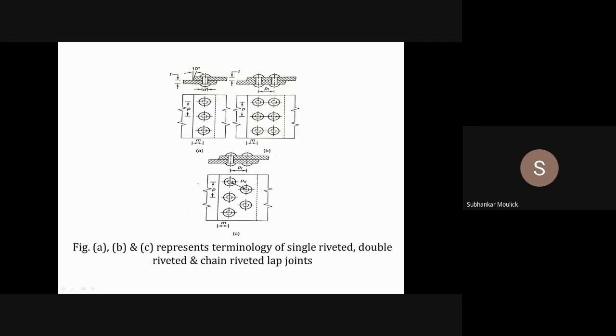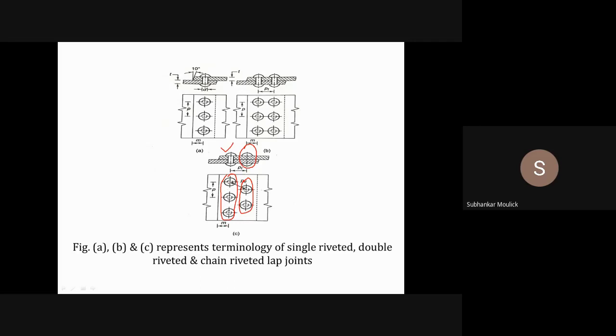If I look at this diagram from the top end, due to this rivet, this is one row of rivet. Due to the second rivet, this is the second row of rivet, but this rivet is drilled in between the holes of the plate in such a way that it makes a zigzag rivet joint.